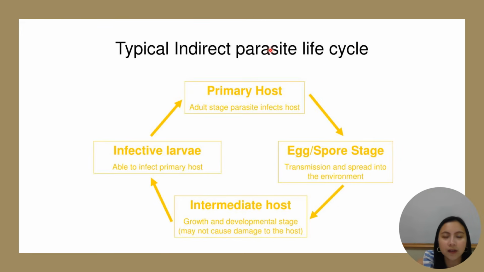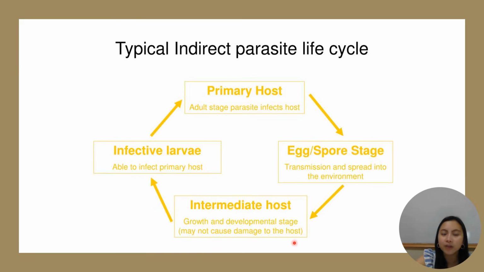So once they attain their sexual maturity, they can now bear eggs or spores, right? So the larval stages of the parasite may pass through different stages and can be transmitted either to another susceptible host or into the environment. And this time, this egg or spore stage would be harbored, remember, in the intermediate or secondary host. This is where the growth and development stage of the parasite happens.